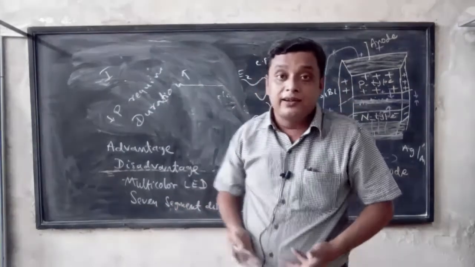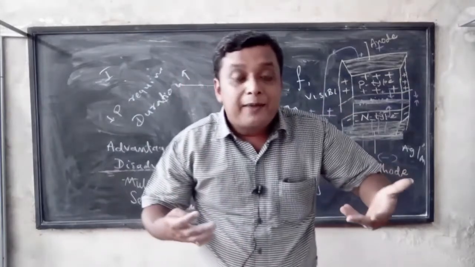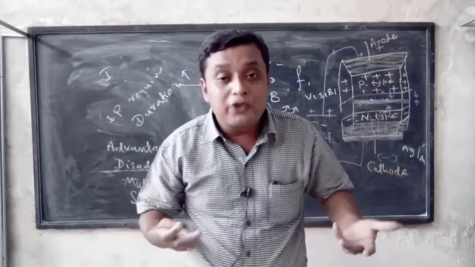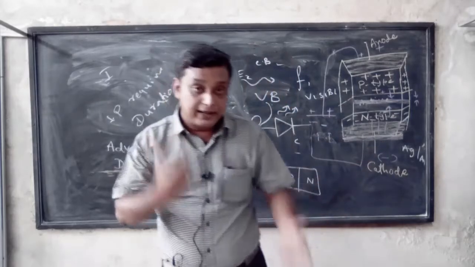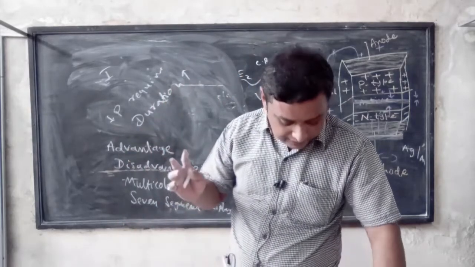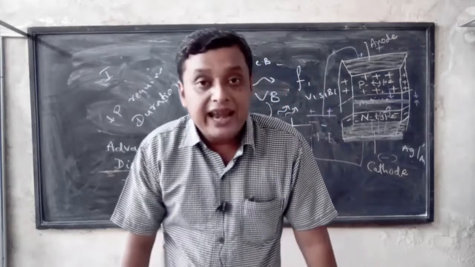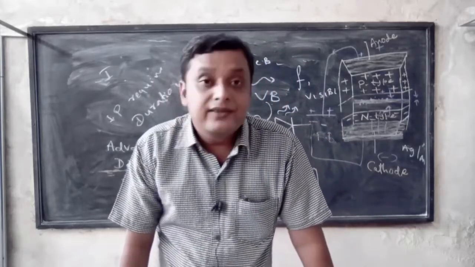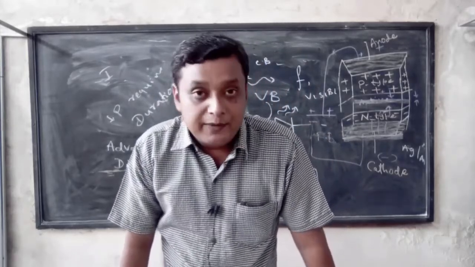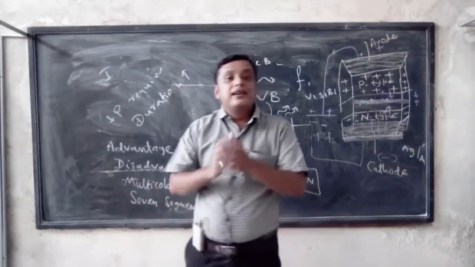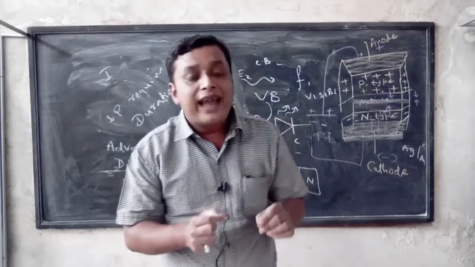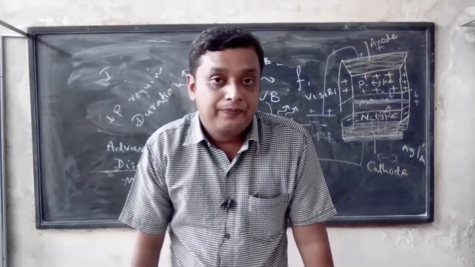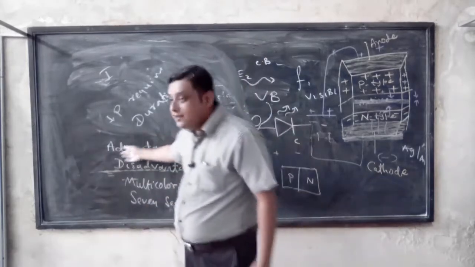That is in our hand, based on what intensity the application requires. Another advantage is that in a printed circuit board, it is easier to fabricate an LED based on our application. So these are the advantages.